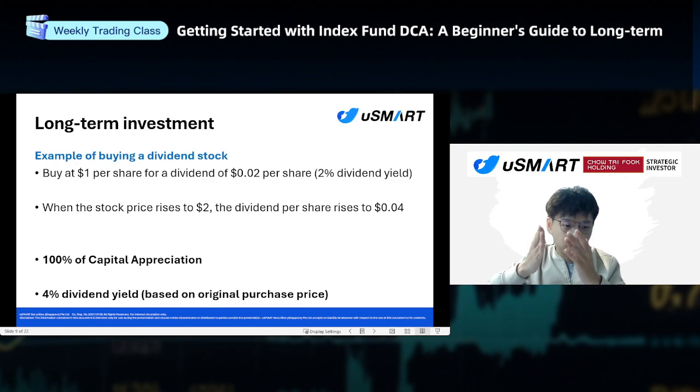When the capital appreciation becomes higher, the dividend that you get is higher, and you can collect that dividend and invest it back into this specific stock, which makes your capital appreciation even higher. So you can now see the snowball effect, where it keeps on growing and growing.